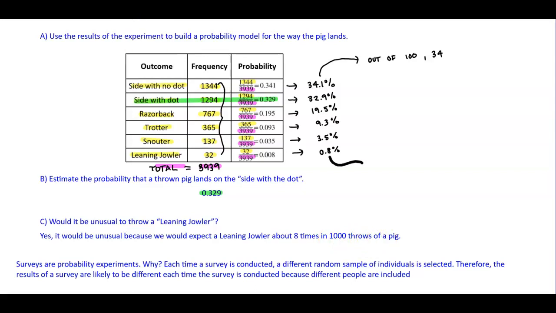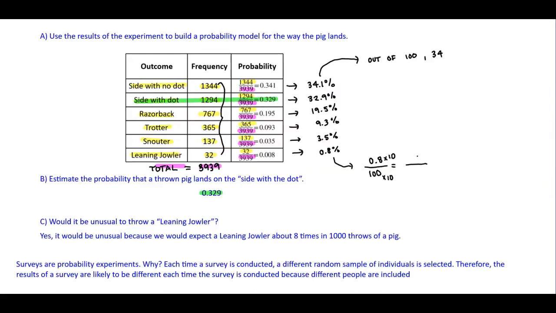Well, let's take a look here. Okay, remember that we're saying that this is 0.8 out of 100, correct? That is the 0.8% of leaning jowler. Now, if we wanted to then remove this decimal, we'd have to move it to the right one time, which means we have to multiply this by 10 and then multiply this by 10.